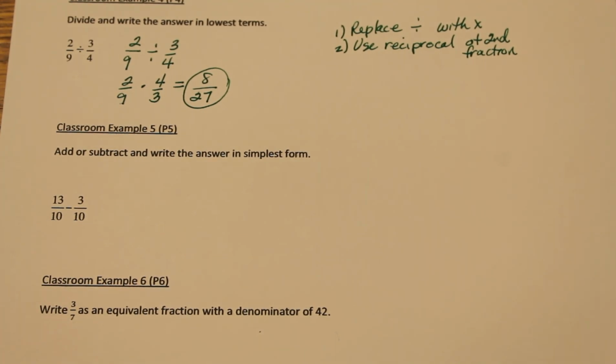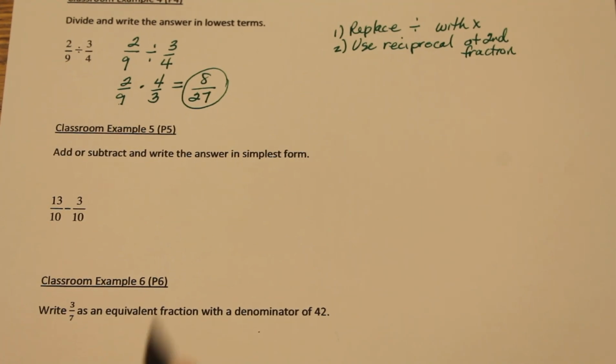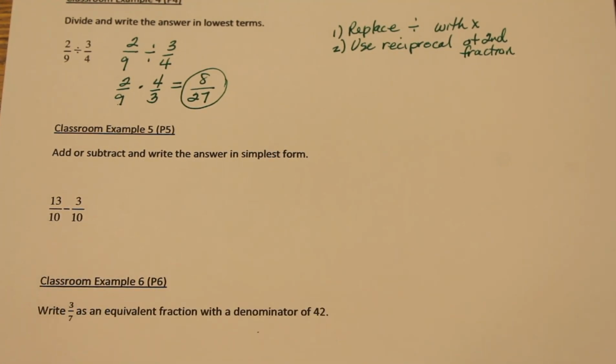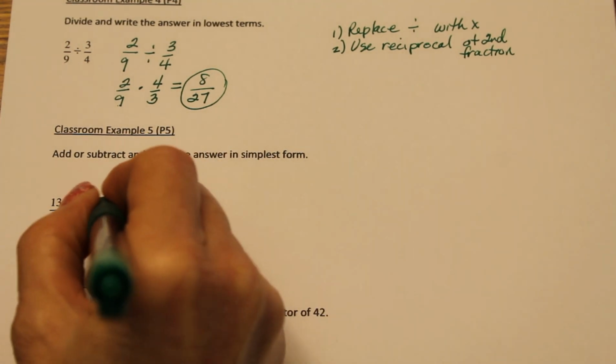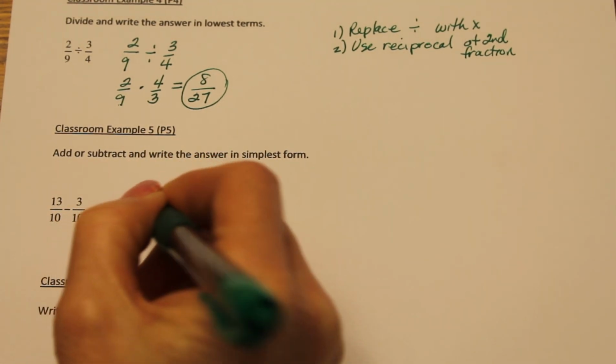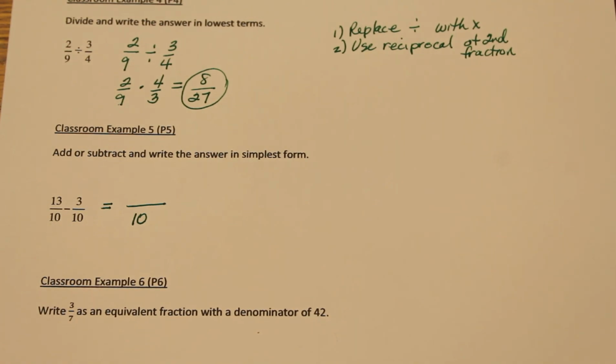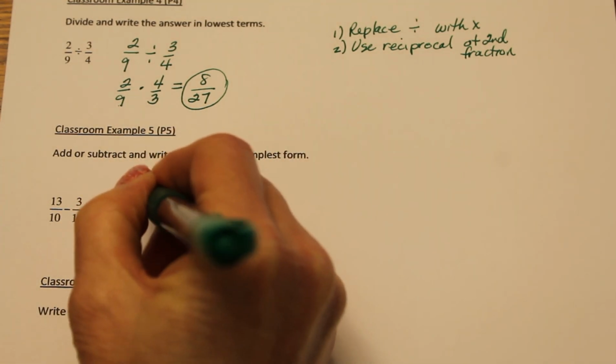So here we have 13 over 10 minus 3 over 10. Well, we're very lucky because the first fraction has 10 as the denominator and the second fraction has 10 as the denominator. So we are going to keep the denominator, and all we do is, in this case, perform the subtraction in the numerator. 13 minus 3 is 10.